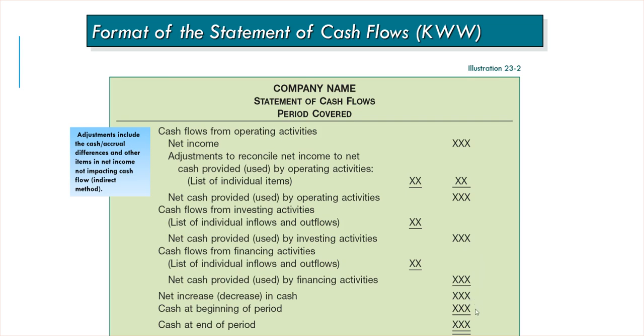You come up with this, you come up with your beginning, which is also the previous balance sheet number for cash. Now, the statement of cash flows is based upon the cash count, yes, but if a company is large, it'll have cash equivalents, which are very short term in nature, and it's a classification you had in Intermediate 1.